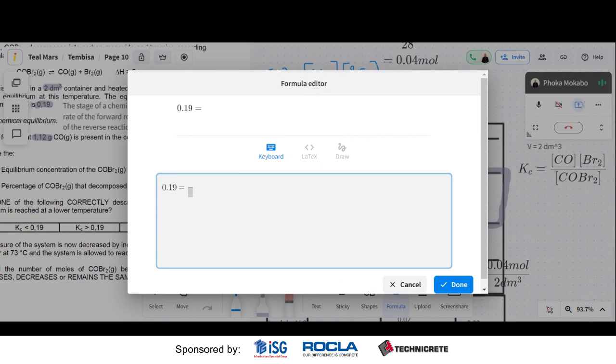We have 0.02 at the top because both of them have the same value. We can just say that it is squared over the concentration of COBr2.